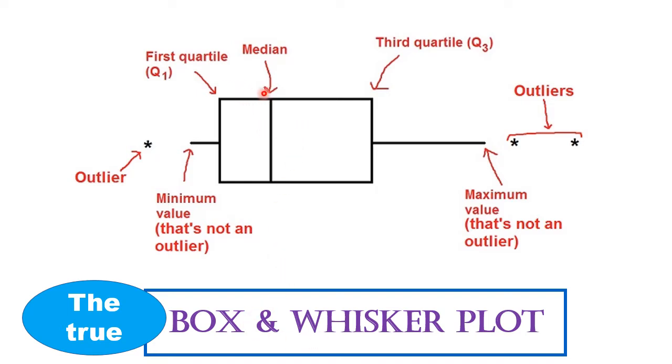Right. So in the box here, the middle line would be the median. The left line represents the first quartile. The right line represents the third quartile. And then the whisker to the left presents the values going down to the minimum value.